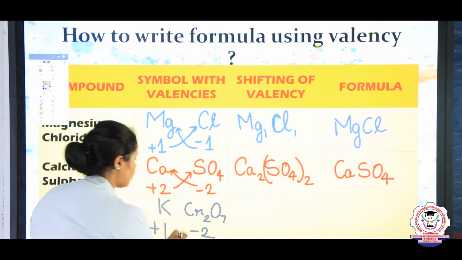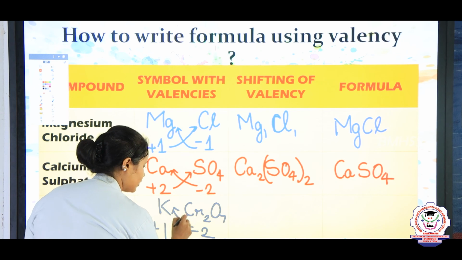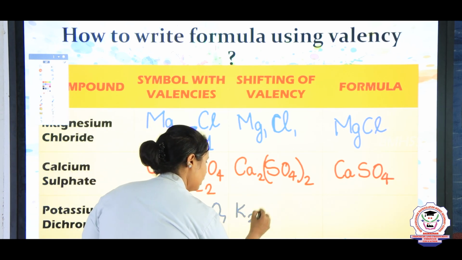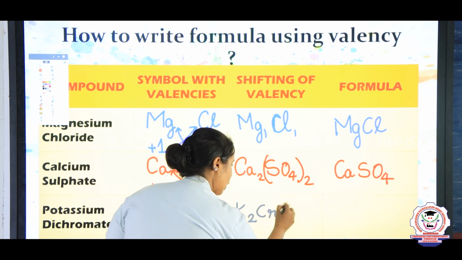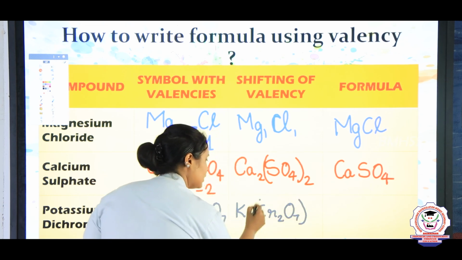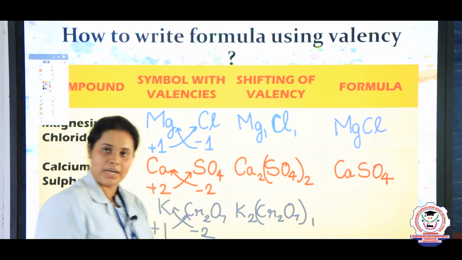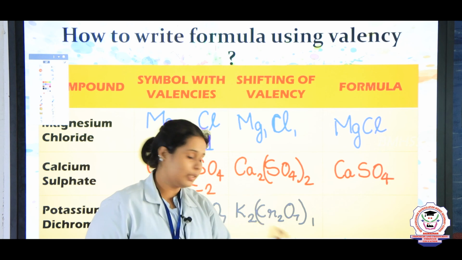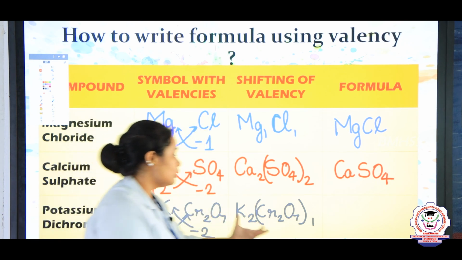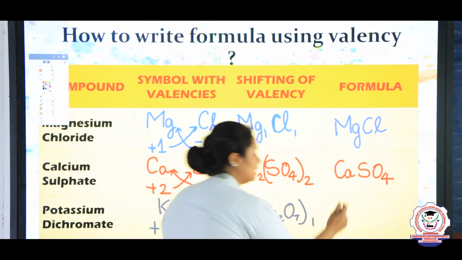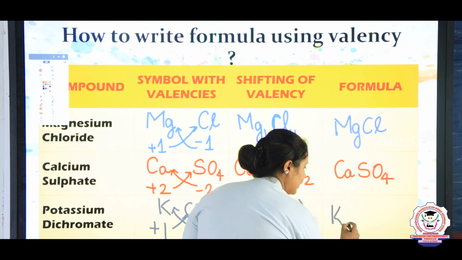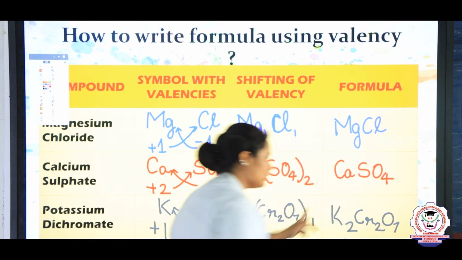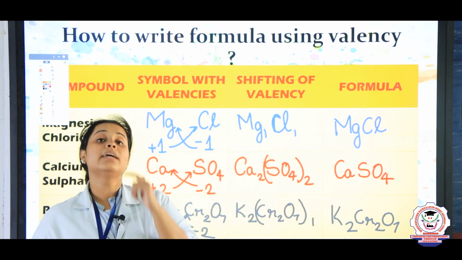Now, when you do the cross multiplication without considering charges, you will write it as K2 Cr2O7, and Cr2O7 is taken one time. You cannot simplify this further because this is one molecule and potassium is 2 atoms. So you write it as K2Cr2O7. This is the formula of potassium dichromate.